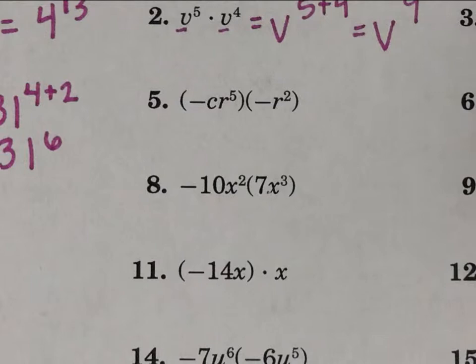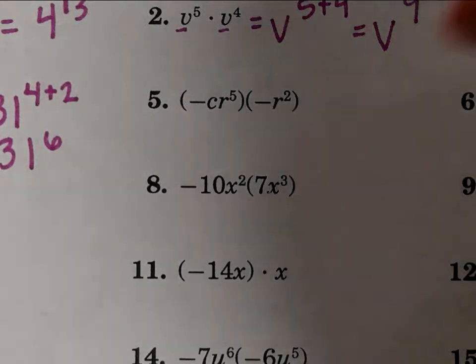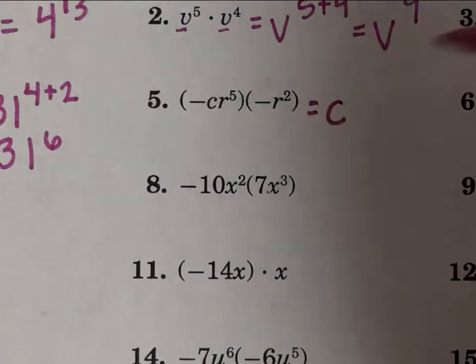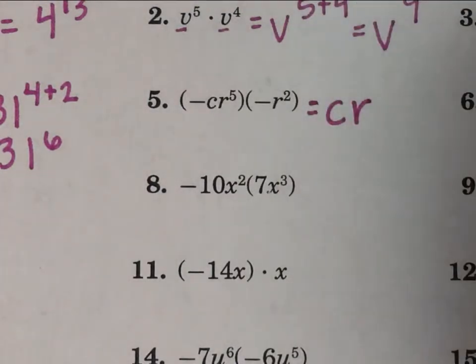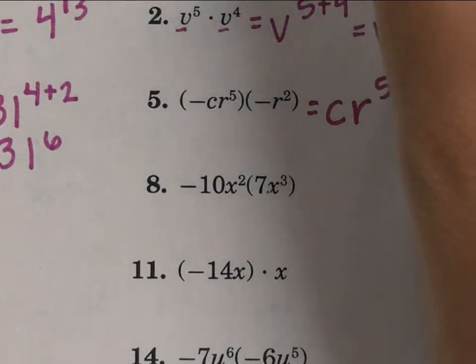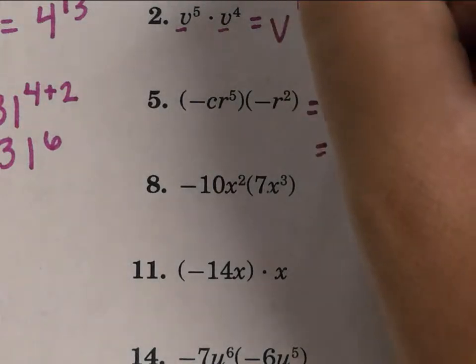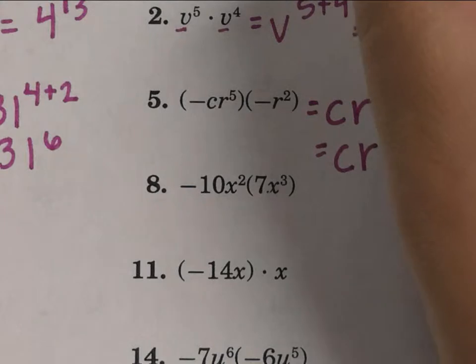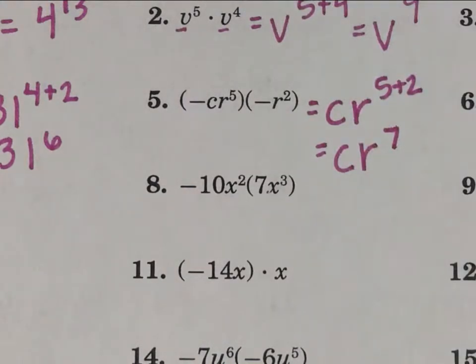I just have one C, so it's just going to stay the same. I don't have anything to do with it. So I'm still going to have C times my R to the 5 plus 2. So what is it? CR to the 7th power. Okay. Any questions about that one?